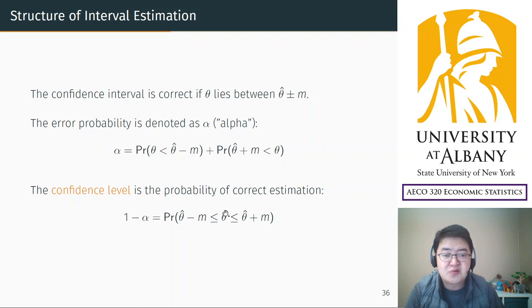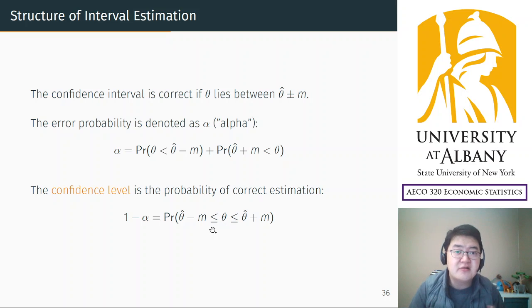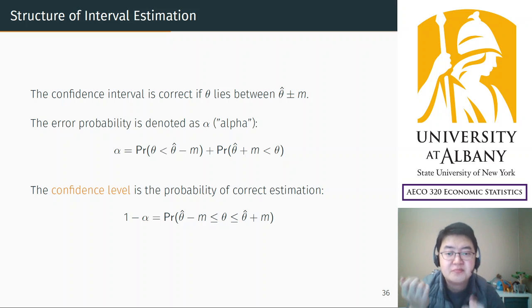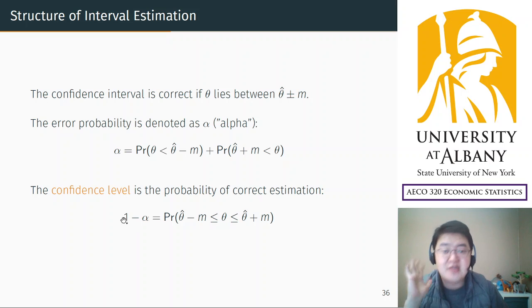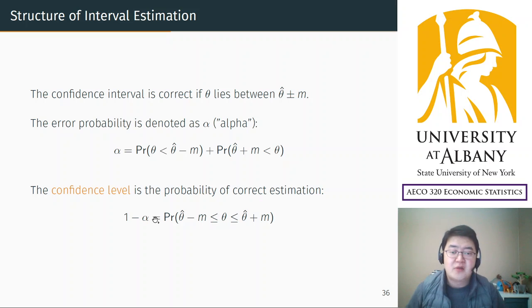So this is the probability that the confidence interval contains the true parameter. We refer to that as the confidence level, how confident you are. If it's 100%, then it's always correct. We already defined alpha as the error probability, so the confidence level is 1 minus alpha, 1 minus the probability of wrong estimation.